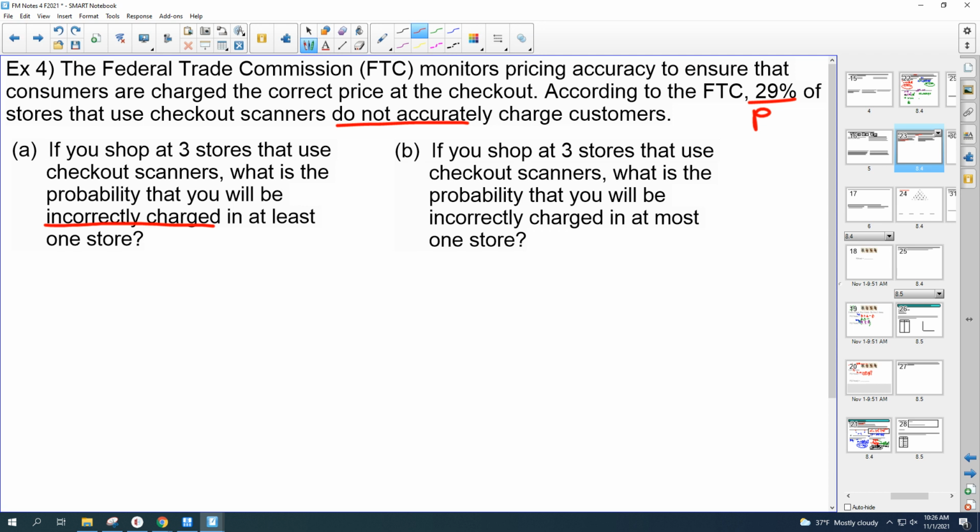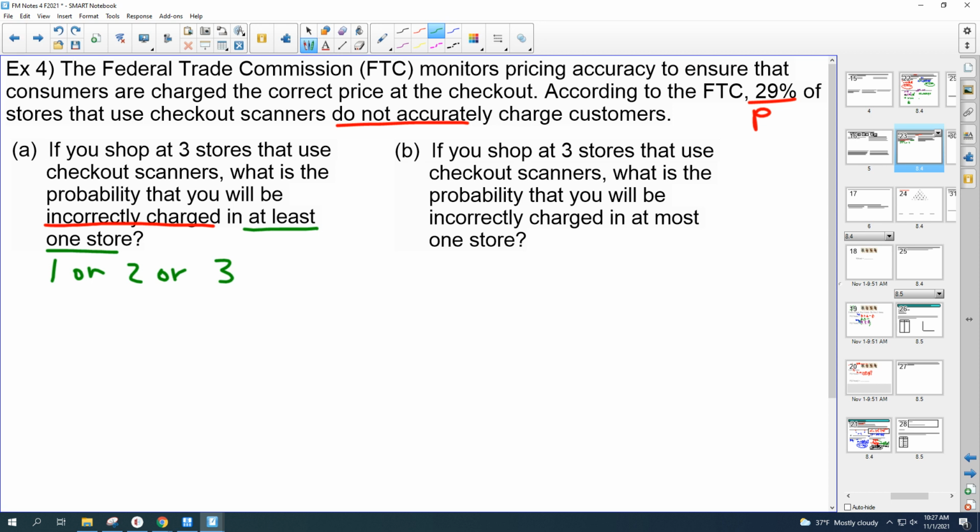But let's see. When you see language like this, at least 1 store, sometimes you need to be hyper literal about what that means. At least 1. Okay, think about what that means. At least 1 means 1 or 2 or 3, right? 3 stores, at least 1, that's 1 or 2 or 3.